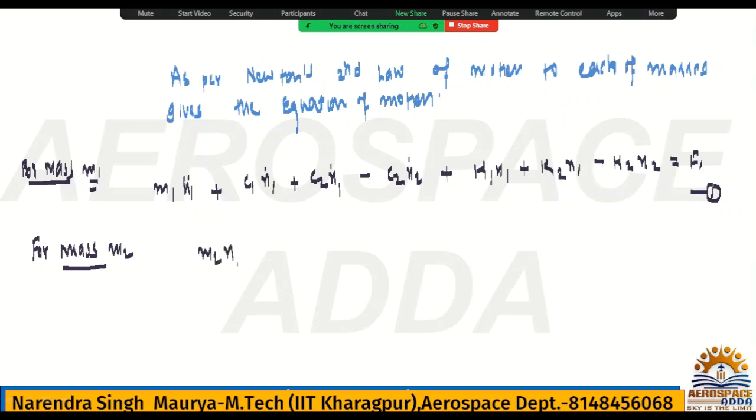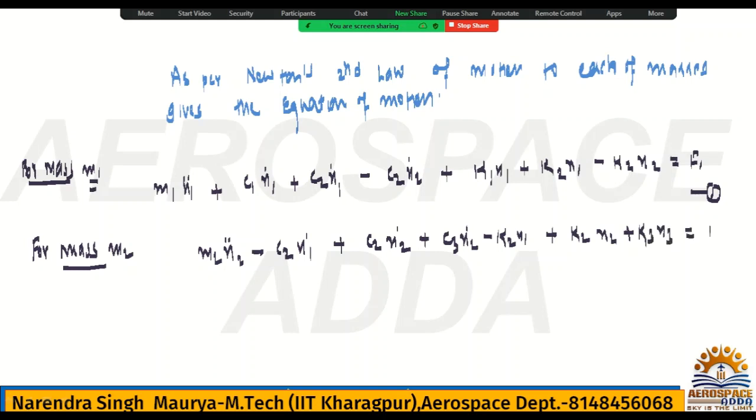Check the free body diagram, and there I had written m2 x2 double dot minus c2 x1 dot plus c2 x2 dot plus c3 x2 dot, minus k2 x1 plus k2 x2 plus k3 x2 is equal to f2.